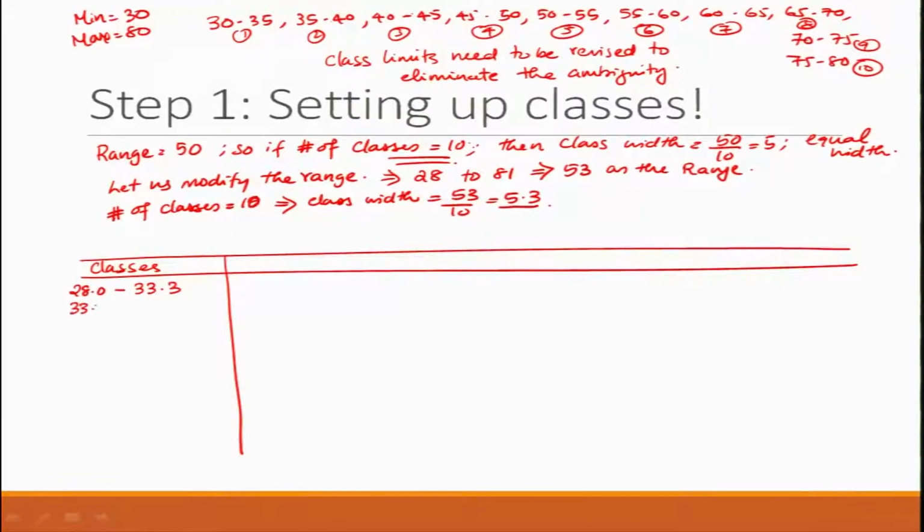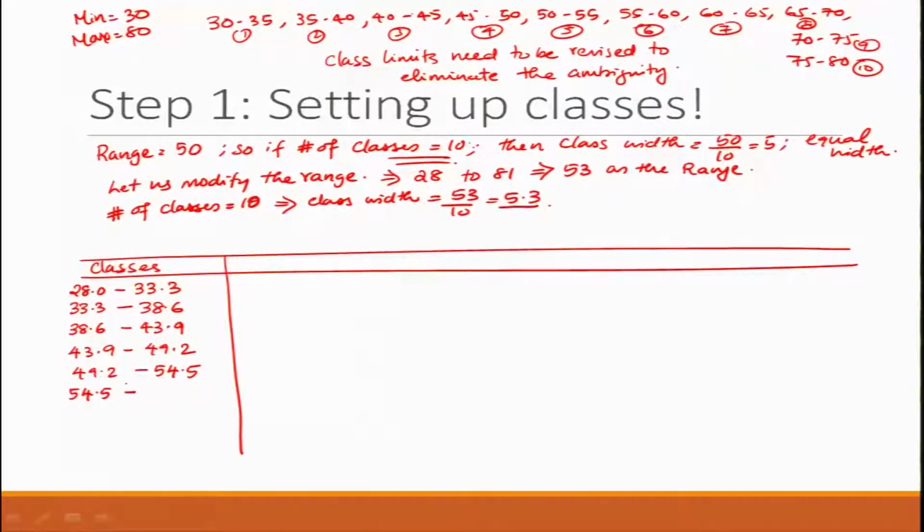Then the next one will be 33.3, it will move to 38.6. Then from 38.6, it will move to 43.9. Then 43.9 will go to 49.2. Then 49.2, if you add 5.3 to it, you will get 54.5.